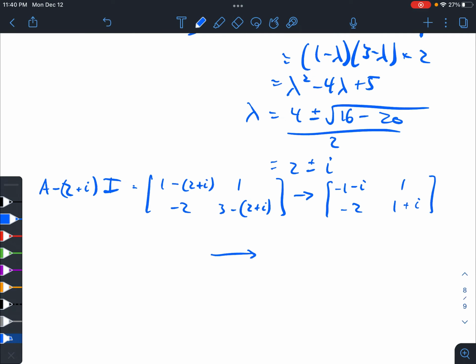This is where you want to multiply by the conjugate. So let's multiply row 1 by the conjugate, which would be negative 1 plus i. Negative 1 minus i times negative 1 plus i is negative 1 squared minus i squared. i squared is negative 1, so minus negative 1, that's plus 1. And then negative 1 plus i.